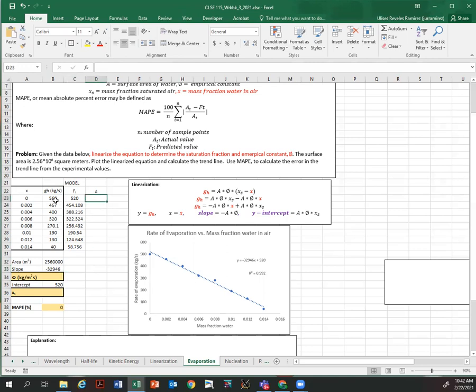We can now calculate the error or the difference between these using this formula. So it will be equals the absolute difference of these two numbers divided by the actual number, which is C23. Let me see. Okay, that's the difference between the two, the model and the experimental over the actual number.